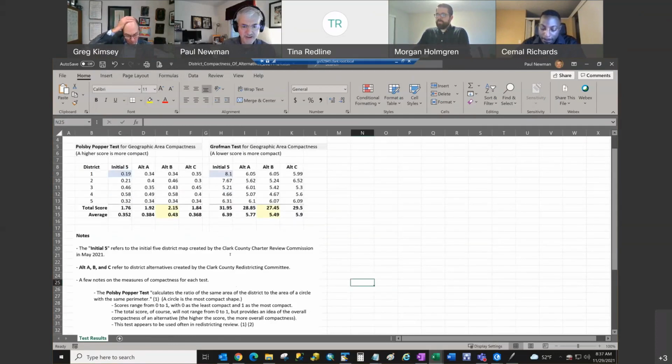I don't want to dive too much in here unless there are questions, but I did want to mention that in my spreadsheet here, I pointed out District 1 of the initial 5 districts seeing a big change in the level of compactness.